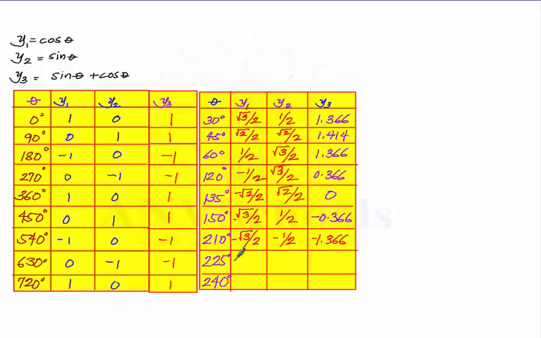That would be negative square root of 2 over 2, negative square root of 2 over 2. So we will have negative 1.414. And 240 would have a reference angle of 60. So for 60 we have negative 1.366.